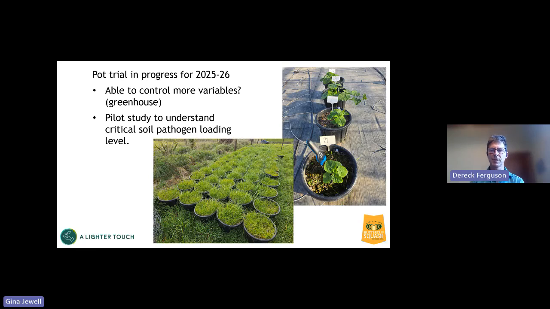So we knew from qPCR testing in the paddock that it had high levels. We knew from the crop that grew in that paddock it completely collapsed prior to harvest. And indeed, Mark also did some plant diagnostics on that and returned the pathogens that we are sort of expecting and high loadings of those, high incidence.